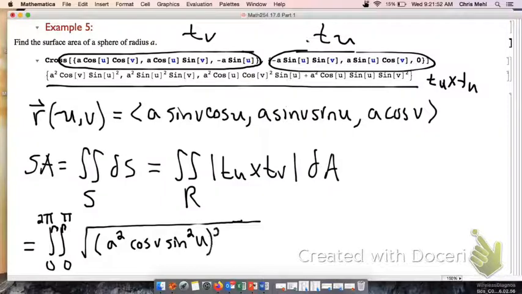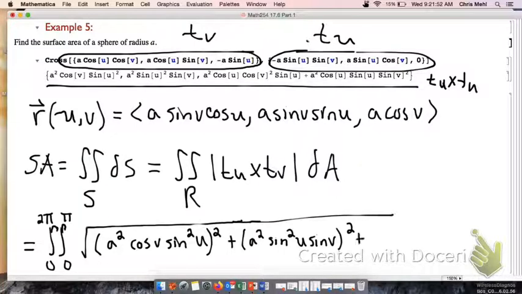So it'd be a squared cosine v sine squared u, squared, plus the next component, a squared sine squared u sine v, squared, plus, and then the last one, if you look at the third component, you can actually factor out an a squared cos u cos v, and then an a squared cos u sine u, and the cos v squared plus sine v squared becomes 1.